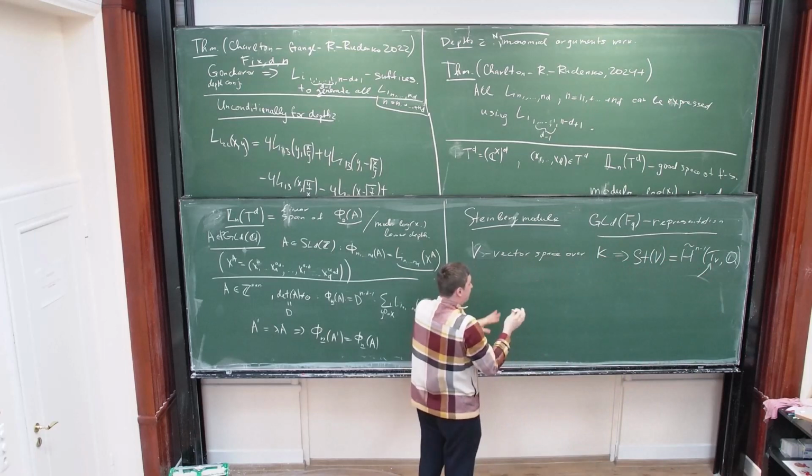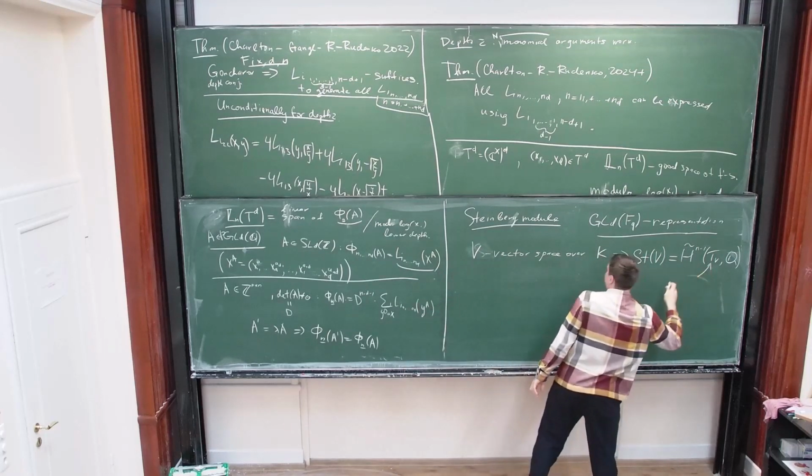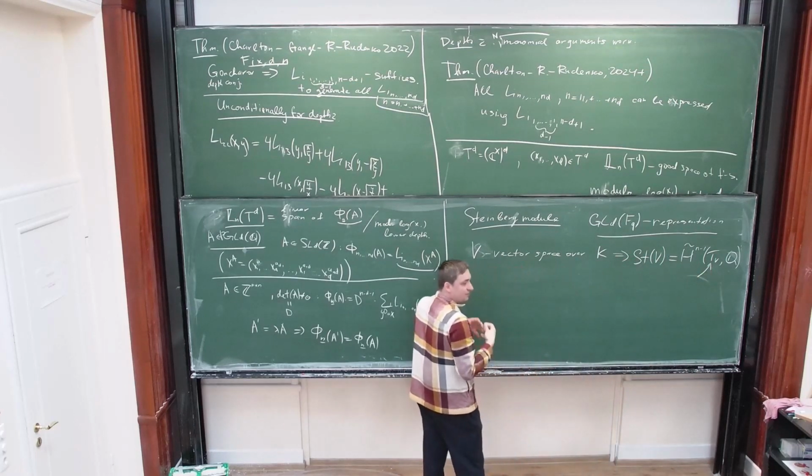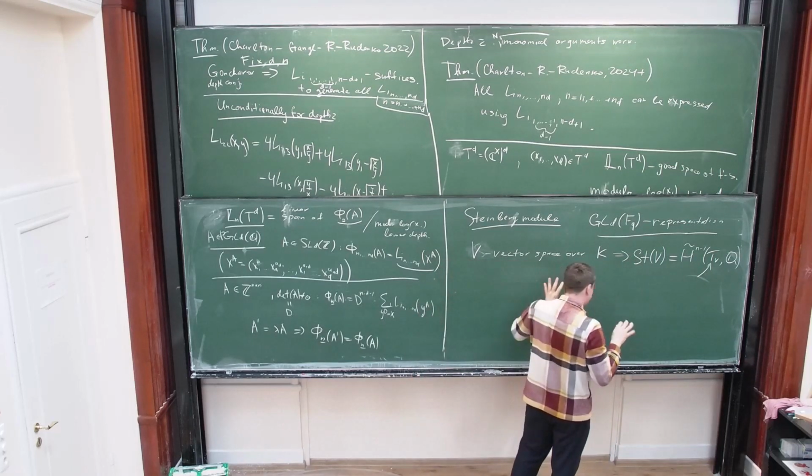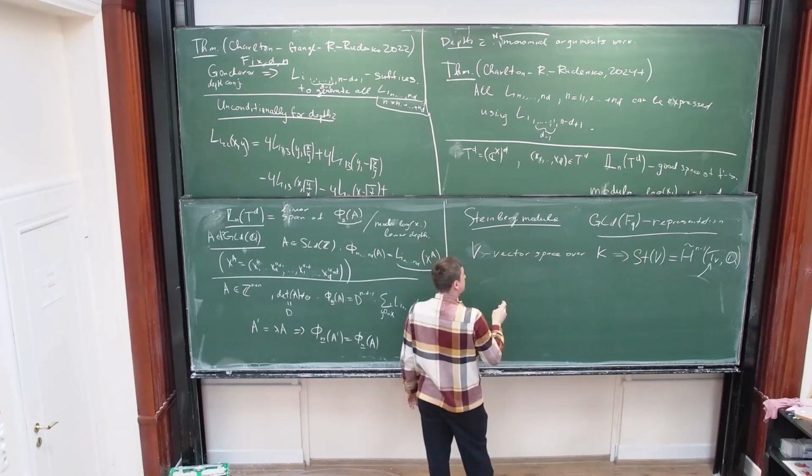But if you don't want to think about topology, you can give it as a set of generators and relations. And in that sense, it's much more ubiquitous.